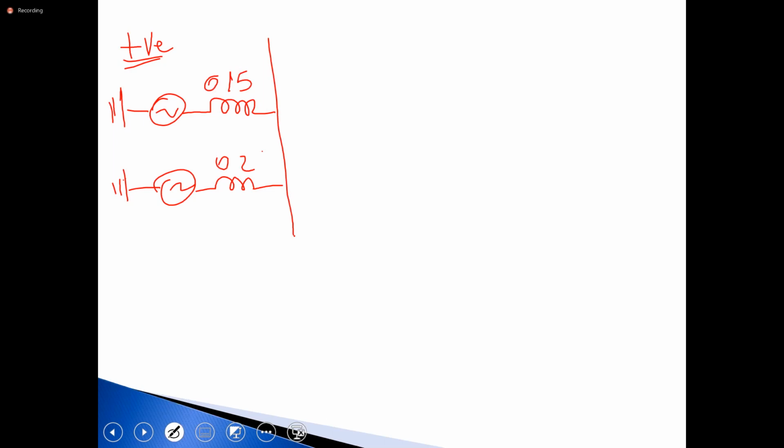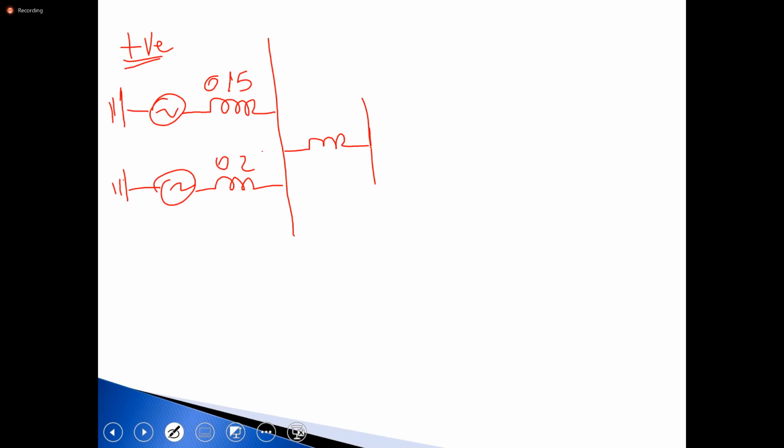Next, we have our transformer. Because this is the positive sequence, we know X1 equals X2. And it's static, so it's just represented by the reactance. So for your transformer, you have that as your reactance. Now I can put in the bus bar, but I can simply leave it out because a terminal in a network would represent the bus bar.